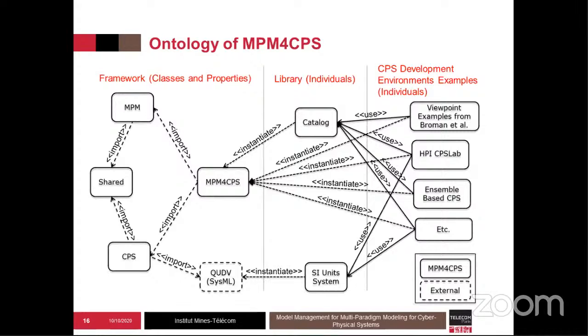We used Protégé and the Web Ontology Language to capture this ontology. In order to make it reusable, we separated it into different domains. We had a domain for multi-paradigm modeling, where we only capture what multi-paradigm modeling is, and an ontology of cyber-physical systems.